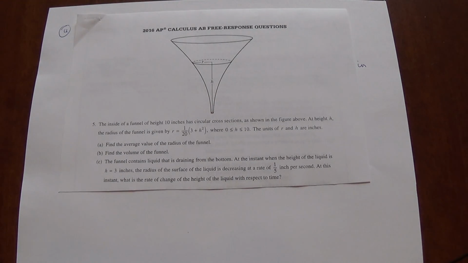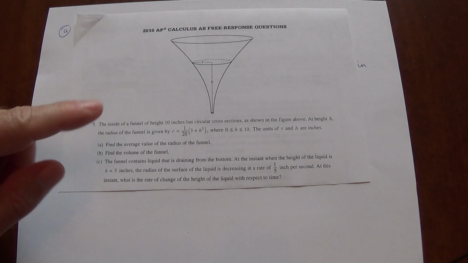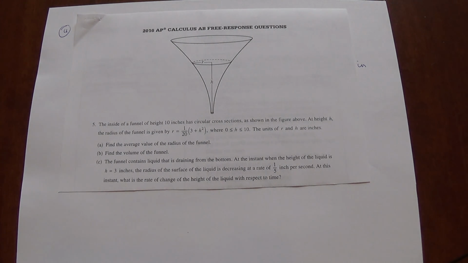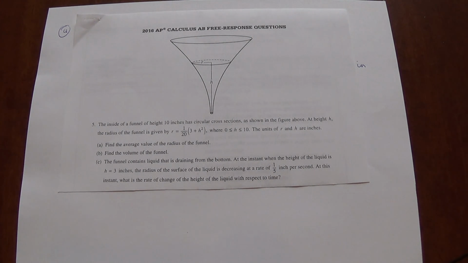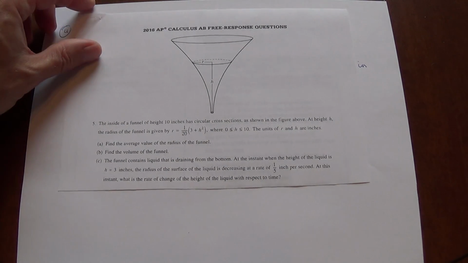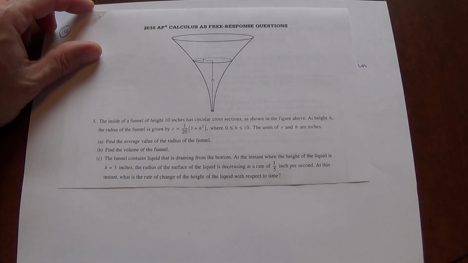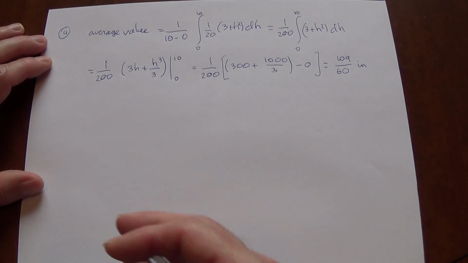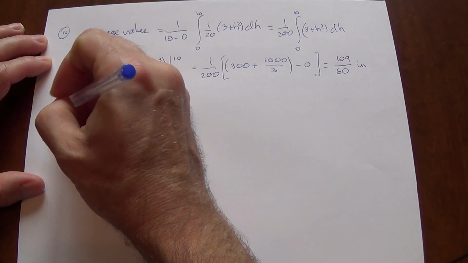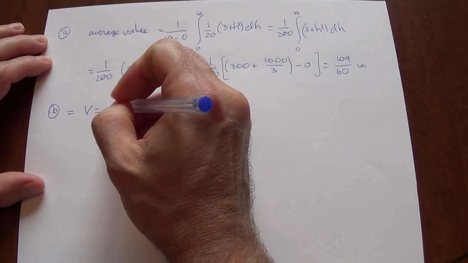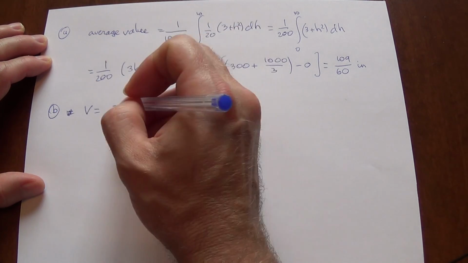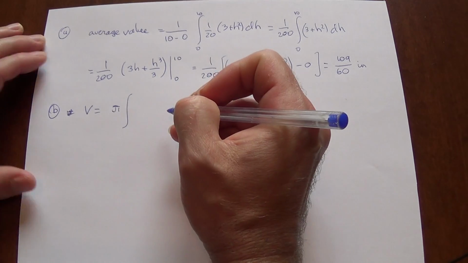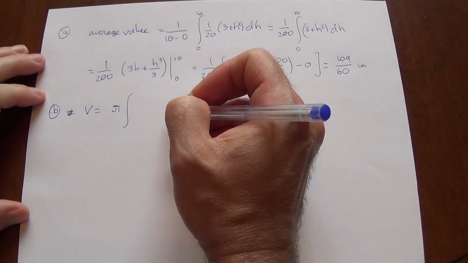Okay. Find the volume. It's a solid, so we're going to use the disk method. It has a vertical axis. It's not really going to matter that much here. So the volume of revolution is going to be pi times the integral of the radius squared.